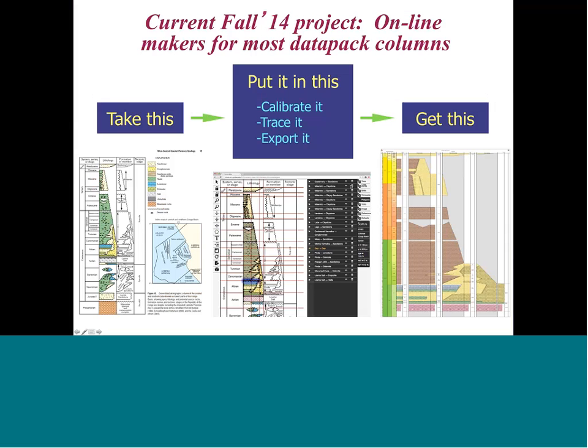And so another quick example of how it works is that you acquire a transect stratigraphy column and import it into the Transect Maker, where you can calibrate it by putting in timelines horizontally here, representing the boundaries between different ages.